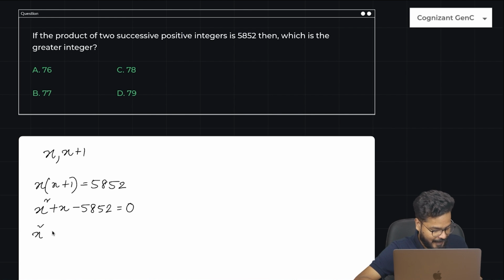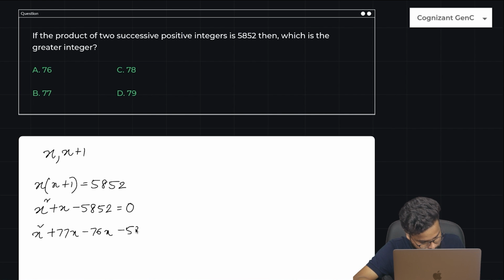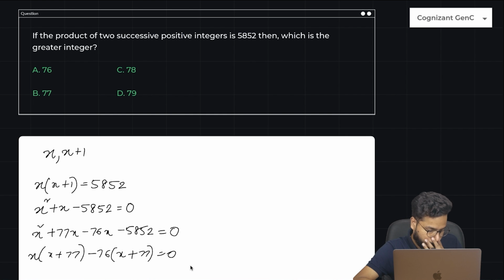So 77 and 76. From here, I get to know that the value of x could be either minus 77 or plus 76. It's pretty obvious now, right?